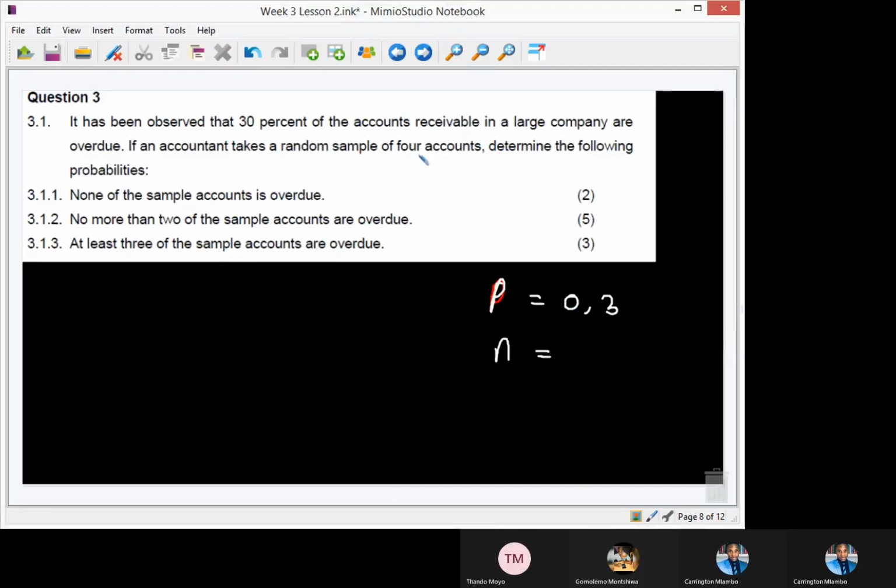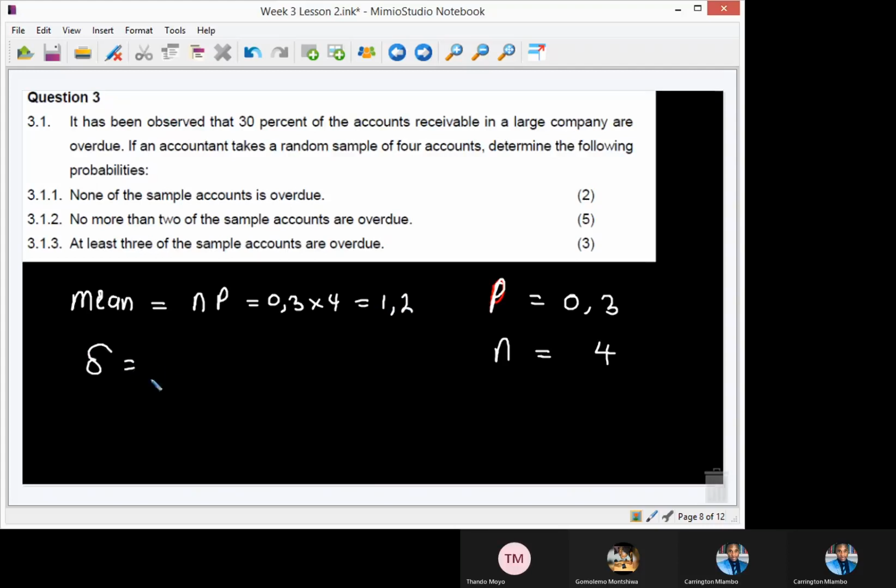How many accounts? It's 4. Our N is 4. Then if the question says calculate the mean, your mean is going to be NP, which is 0.3 times 4, which is equal to 1.2.